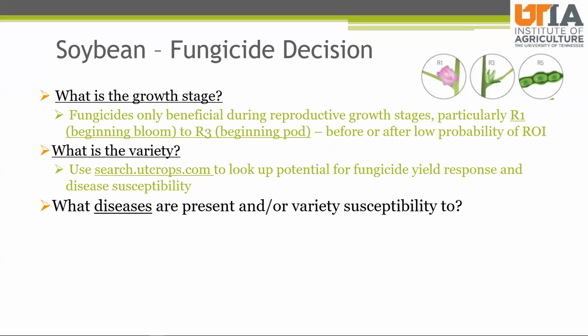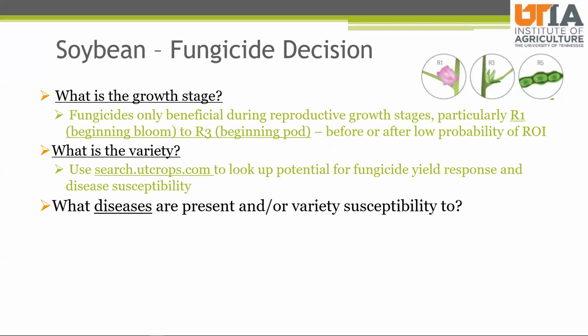And I report all those results at our database. So you can look up if the variety you're planting we've looked at, maybe even across multiple years, you can have multiple data points to help you assess what the potential yield impact would be from a fungicide on that variety under different disease pressure situations.